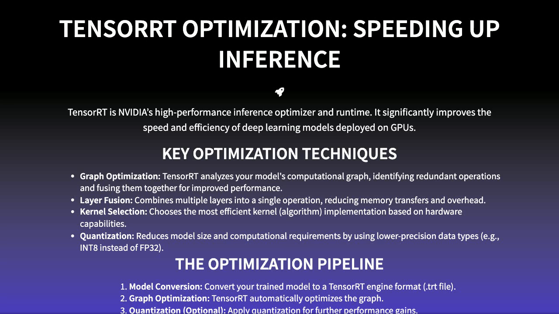It automatically optimizes things like merging layers together, choosing the best algorithms for each part, and even reducing the precision of the numbers used in the calculations if you want to shrink the size of your model and speed things up even further. You convert your original model into a TensorRT engine file, let it optimize itself, and then you're ready to deploy it on your GPU.